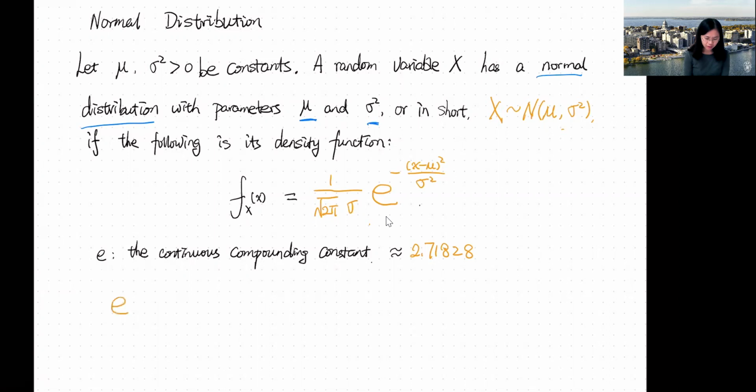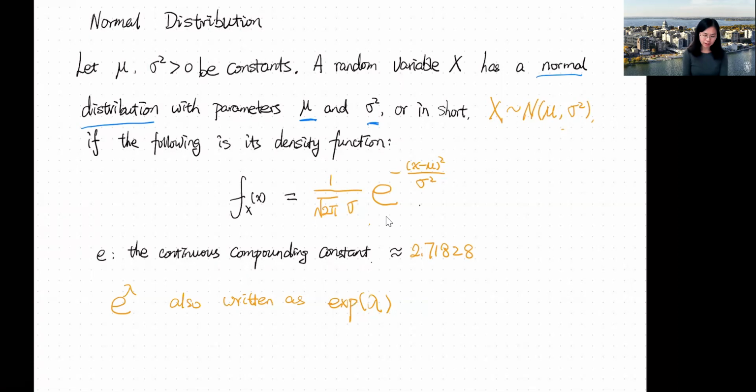This e to the power something may also be written as exp lambda, and it's read as exponential lambda.